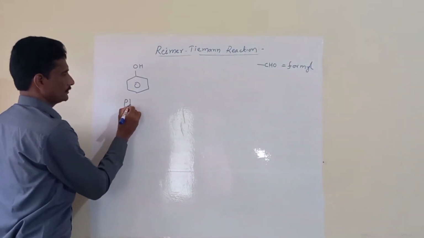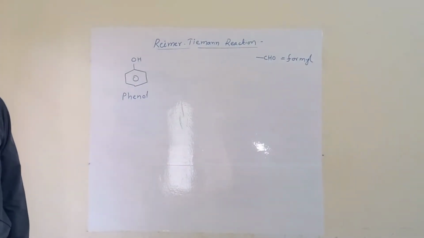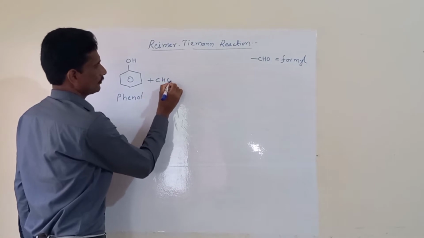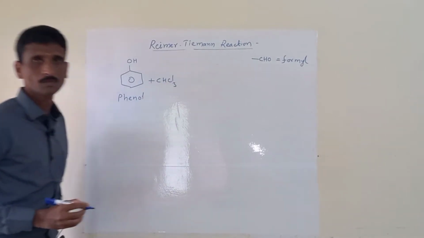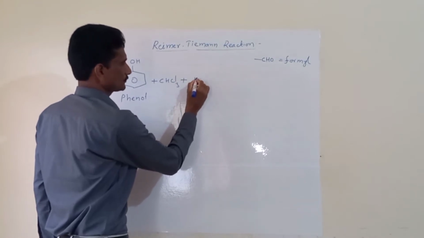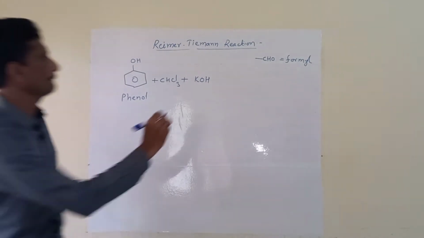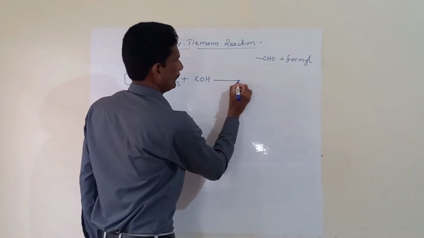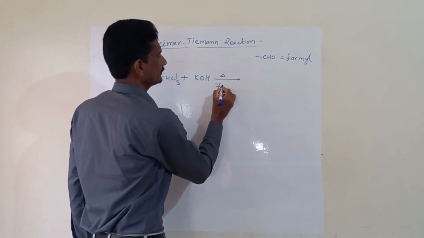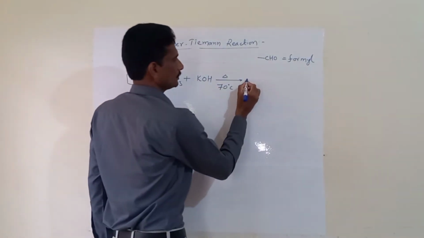This compound is called phenol. This phenol reacts with chloroform in the presence of KOH or NaOH by heating at 70 degrees centigrade. It gives ortho-salicylaldehyde.